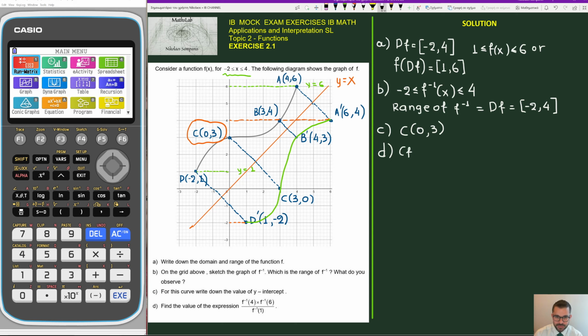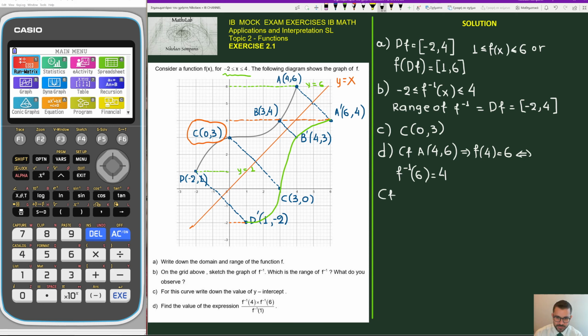Our graph passes through the point A (4, 6), so f(4) equals 6. So for this reason, the value of the inverse function at 6 equals 4.